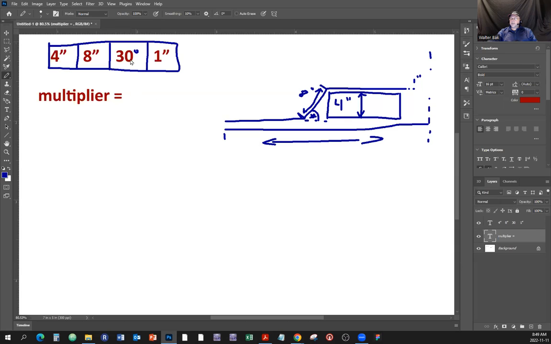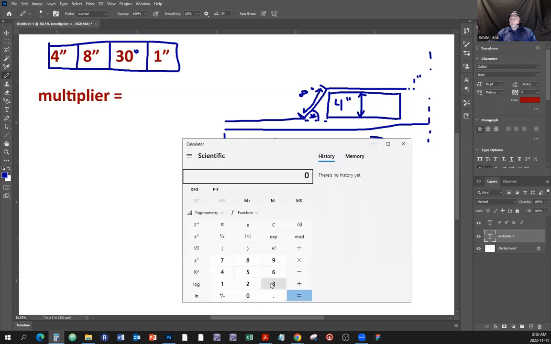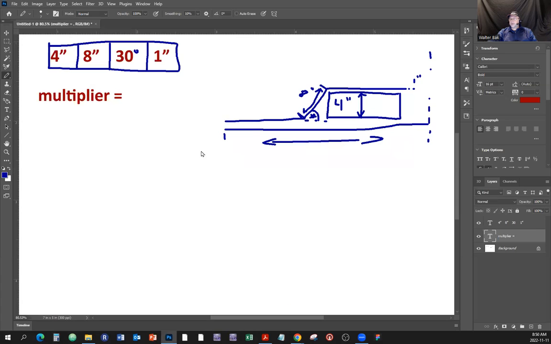What's a cosecant? It's 1 over the sine. What would be the sine of 30 degrees? Calculator. 30 degrees, trigonometry, sine, it's 0.5. We have to flip it around, which is 1 over 2, and flipped it's 2 over 1, so it's going to be 2. So the multiplier is 2.